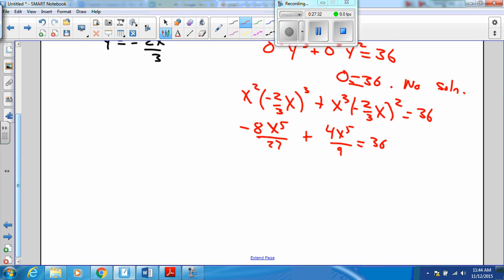And once again, I can solve by clearing the fractions. What should I multiply both sides by? 27, that's right. I'm going to multiply both sides by 27.